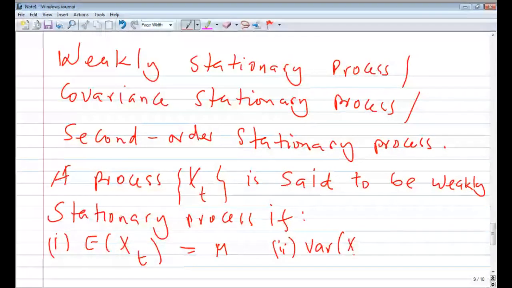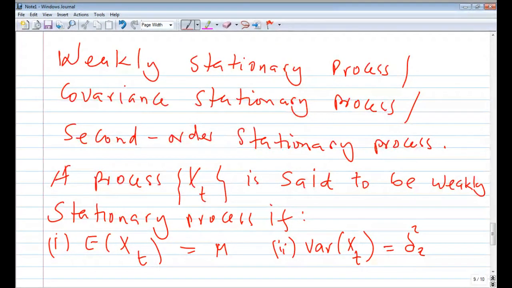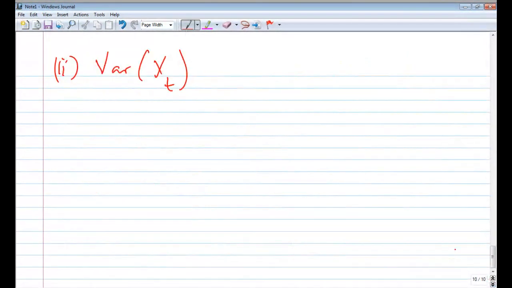The variance of Xt is equal to sigma squared Z. The one at the top there is 2, the one at the bottom is Z. Expected value of Xt is equal to mu, and then the variance of Xt is equal to sigma squared Z. That's condition number 2.